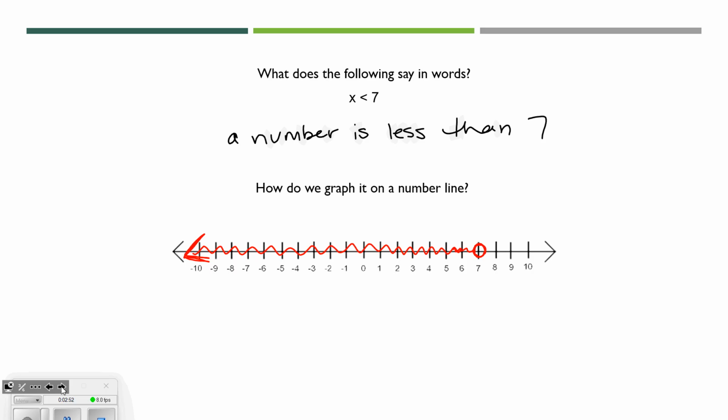Now, the reason I have an open circle on 7 is because I don't actually want 7 to be shaded. I don't want 7 to be shaded because 7 is not less than 7. That's not true, right? So 7, the number itself, should not be shaded.